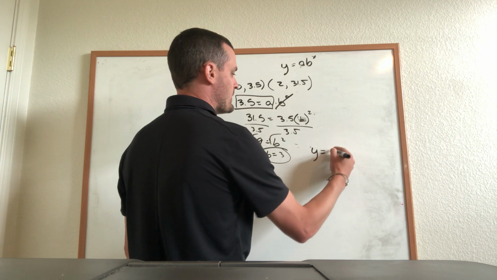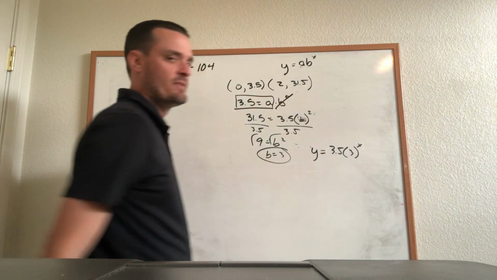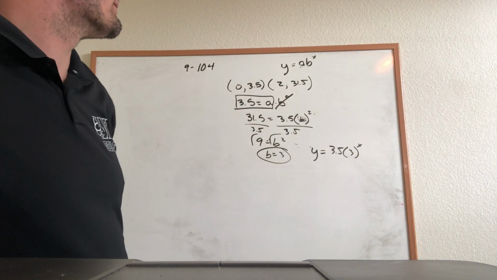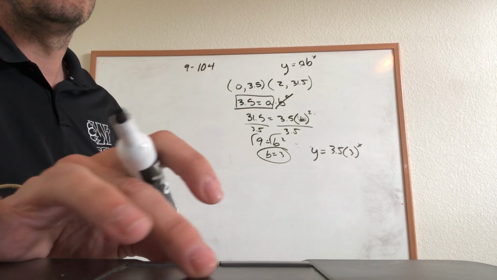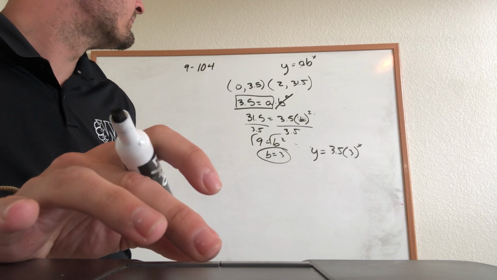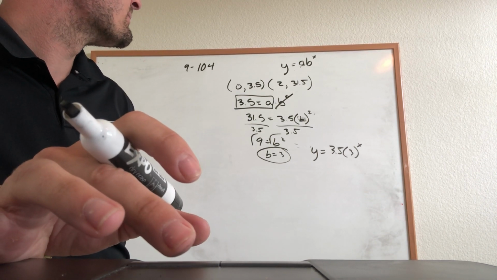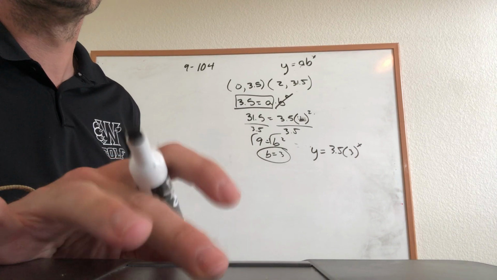So our equation Y equals 3.5 times 3 raised to the X. Just plugging in 3.5 for A, 3 for B. Works out nicely. Assuming that 31.5 divided by 3.5 is 9, which I'm confident it is.